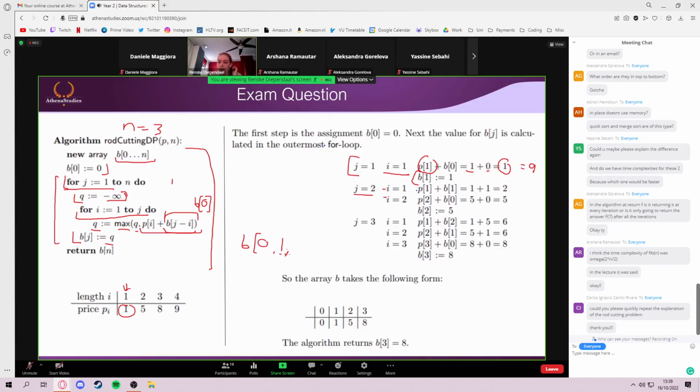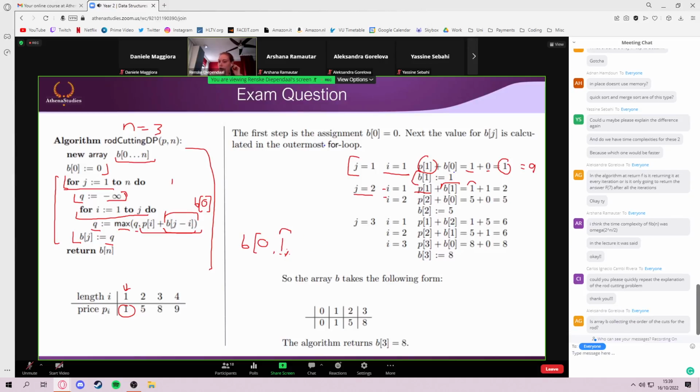So I have i is 1. I look at the price of i, it's going to be 1, and then I still have one size of my rod left, right? I cut it at 1, so I now have 2 parts of 1. And what I do is I reuse the solution of what we created here. So this is whatever is left. This is 1, this is the value of whatever is left, so it's going to be 2.